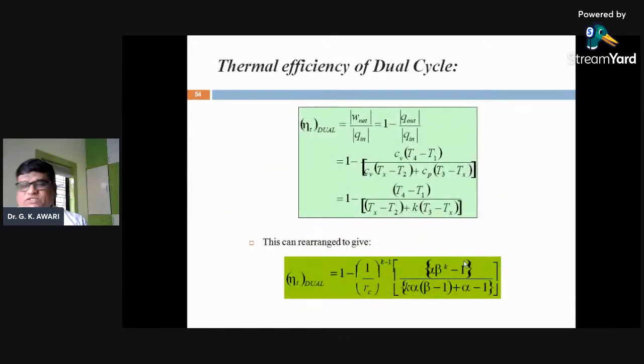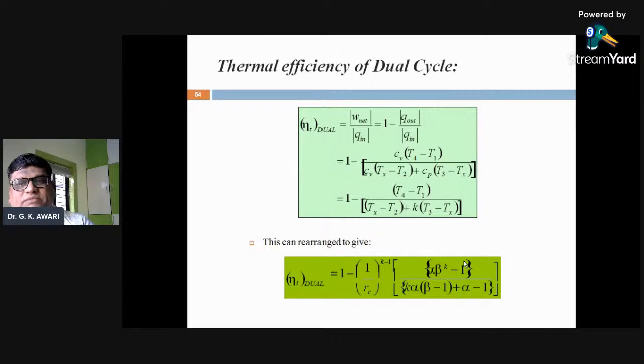So thermal efficiency of a dual cycle. The thermal efficiency of a dual cycle, eta dual, is equal to W net divided by Q in, which is equal to 1 minus Q out divided by Q in.